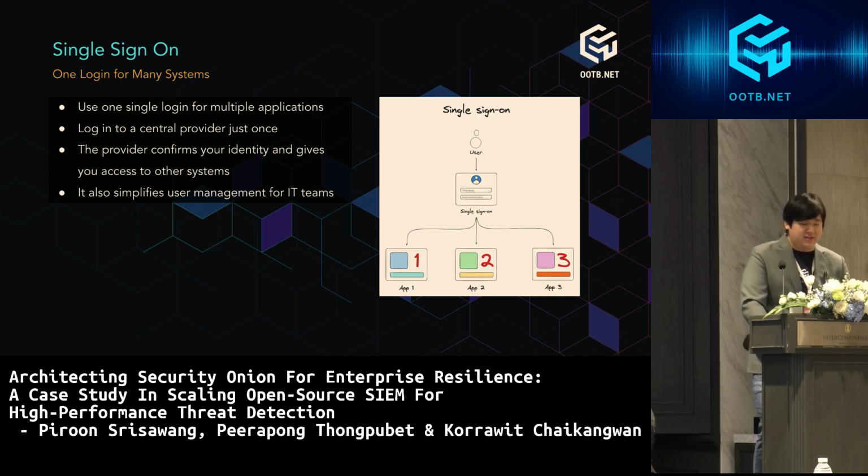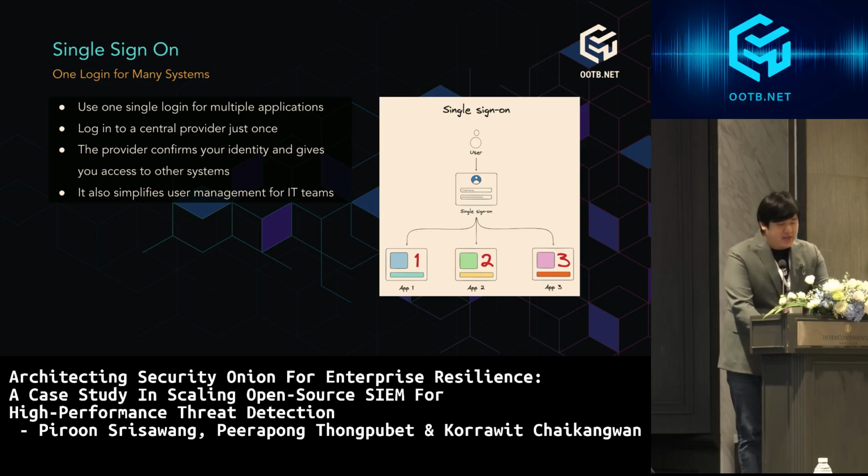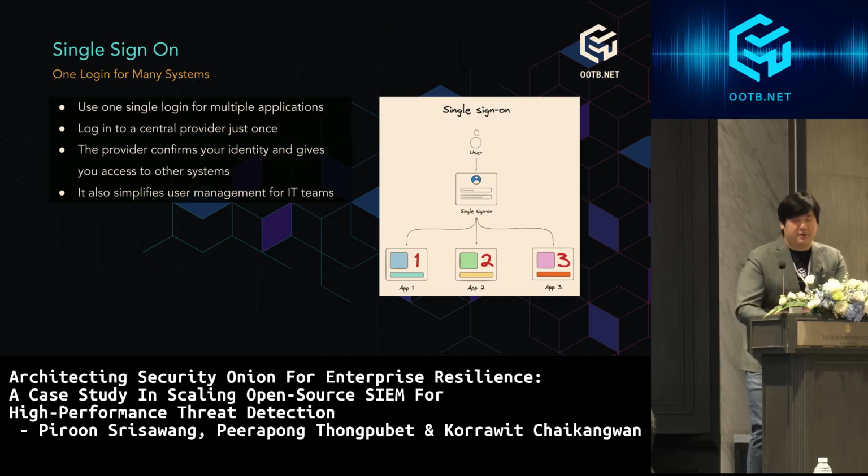For the admin, it simplifies user management, reduces account overload, and lowers the chance of weak or reused credentials. In an enterprise, this is critical. Analysts might use the dashboard, case management tool, reporting system, or more. Without SSO, they have to log in to each separately. With SSO, one login unlocks all the tools they need.